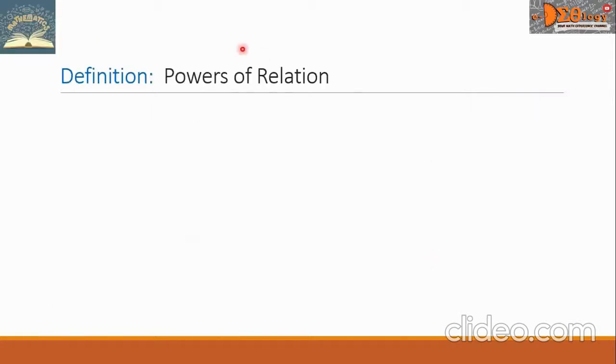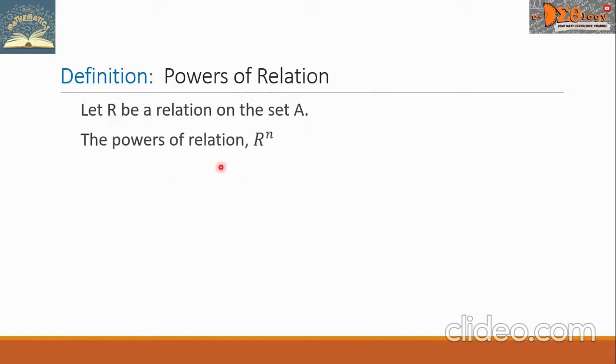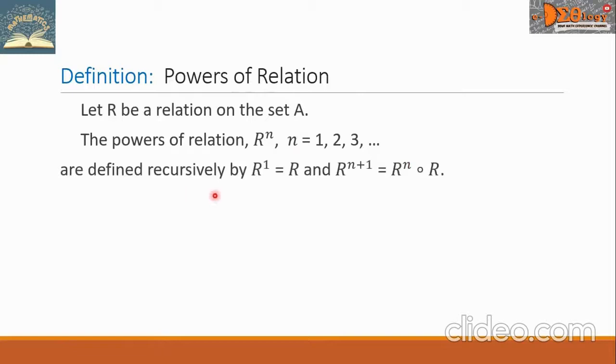Let us define powers of relation. Let R be a relation on the set A. The powers of relation, denoted by R raised to n, where n equals 1, 2, 3, and so on, are defined recursively by R with power 1 equals R, and R raised to n plus 1 equals R composite R raised to n.